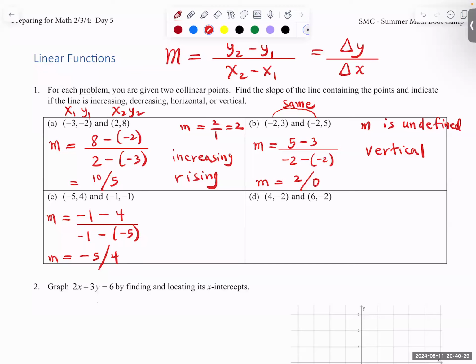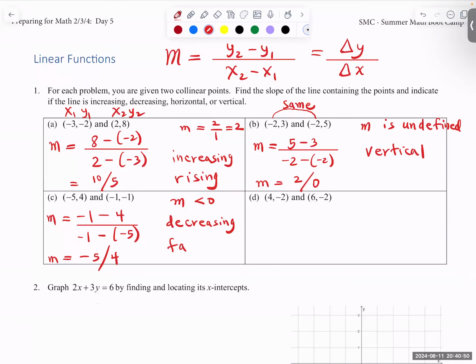A negative slope is a line that is falling. The linear function is decreasing, which means left to right as x is increasing, y is decreasing, and the line is falling.